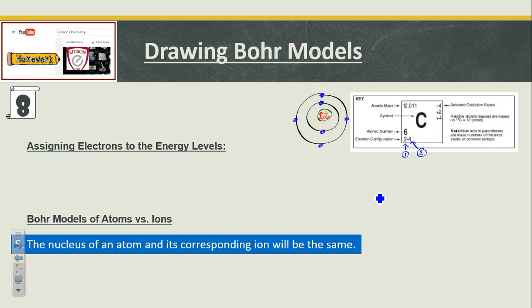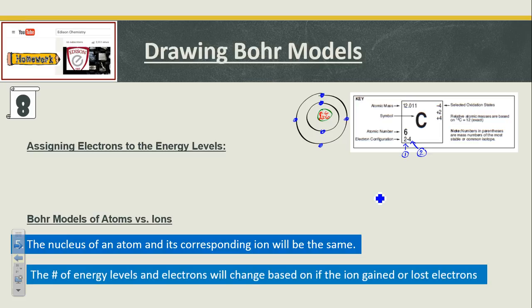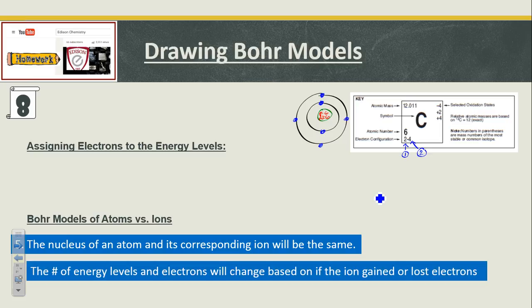So, atoms versus ions. The nucleus of an atom and its corresponding ion will be the same. If I have to do an ion, like a carbon -4, the nucleus is going to be the same, same protons, same neutrons. The number of energy levels and electrons will change based on whether the ion gained or lost electrons. This was the carbon atom I drew, but if I want to do the carbon -4 ion, I would have to add 4 more electrons to the outside ring, because it picks up 4 more.